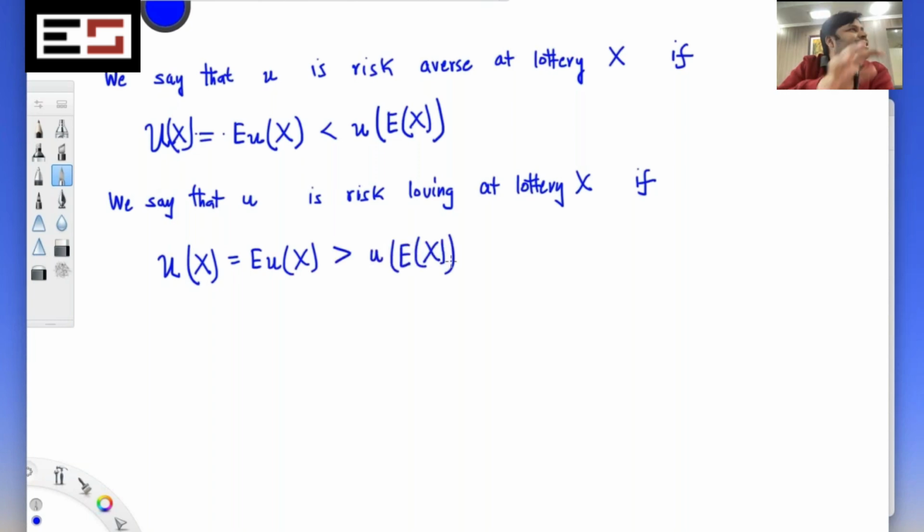This is a local definition, because at a particular lottery we are checking whether a particular individual is risk averse or not.